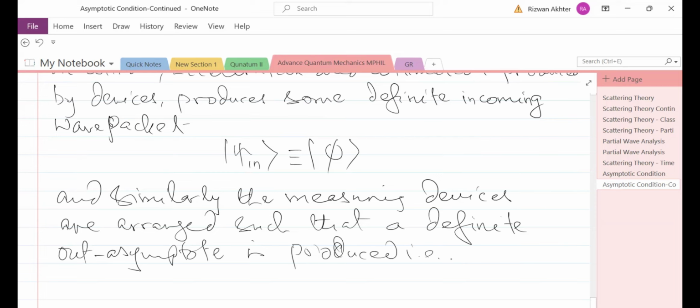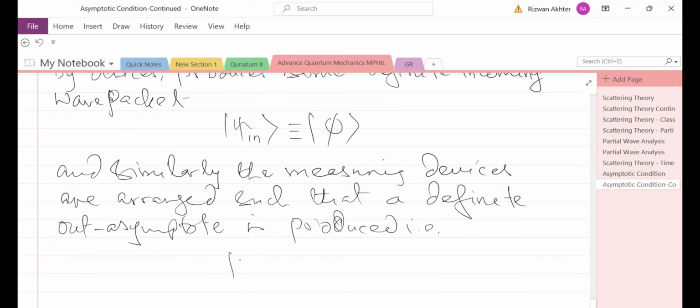Let's give it the name psi out, and psi out is chi. So we have a definite incoming packet and a definite outgoing packet; the definite incoming wave packet is denoted by phi, and the definite outgoing packet is denoted by chi.